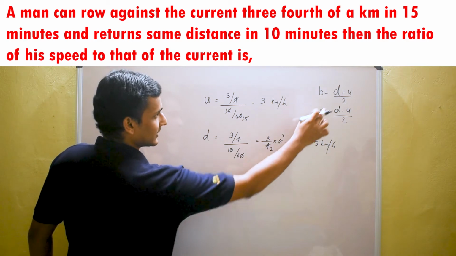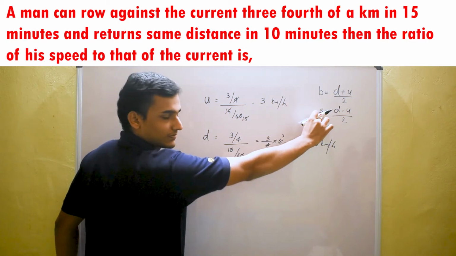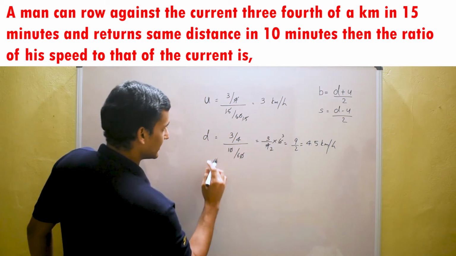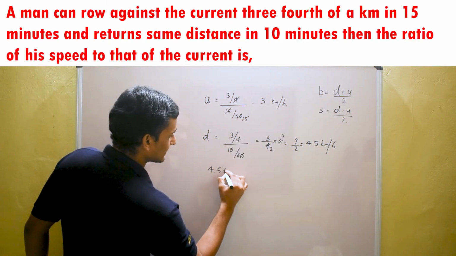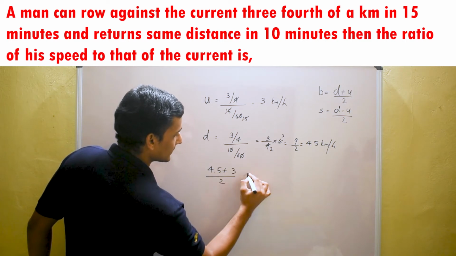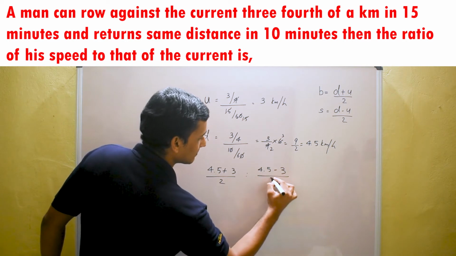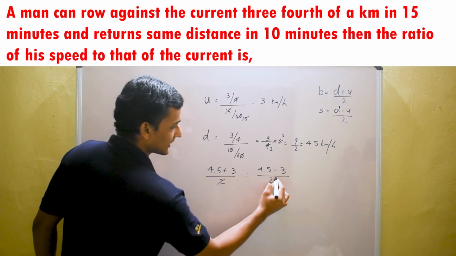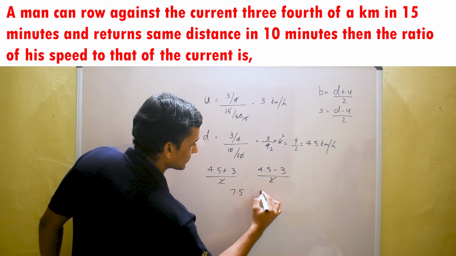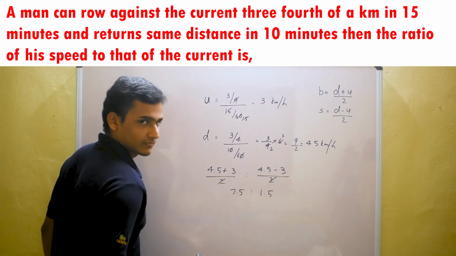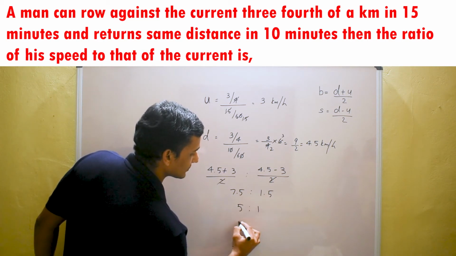So here the ratio of speed of the boat and speed of the stream. B is (D plus U) by 2, (4.5 plus 3) by 2. S is (4.5 minus 3) by 2. The 2s get cancelled. 4.5 plus 3, 7.5 is to 1.5. 5 times. Your answer will be 5:1.